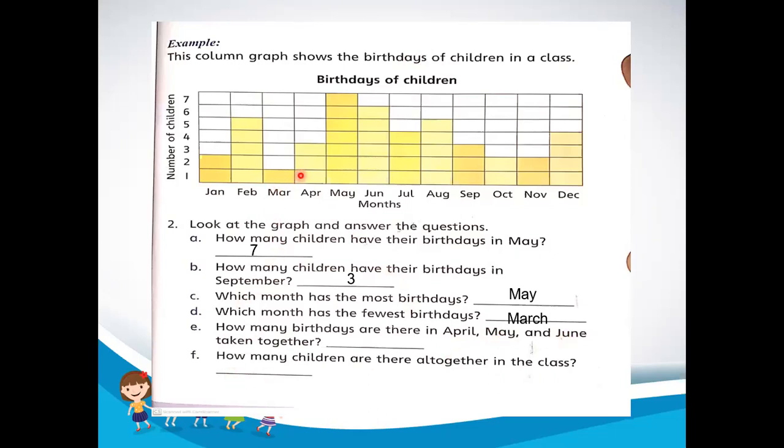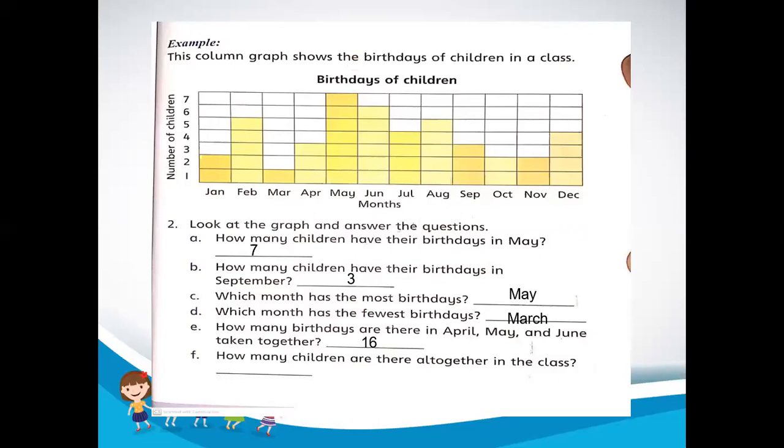In April, there are 3 students. In May, there are 7 students. And in June, there are 6 students. So we will add all these numbers of students whose birthdays are in April, May and June. Tell me the answer, beta. 16.